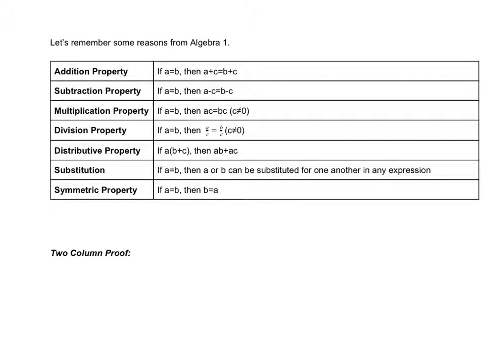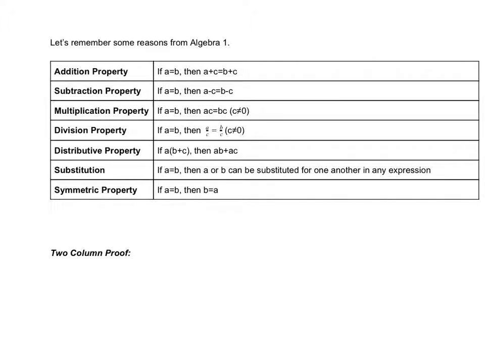Distributive property, if you have a number outside a set of parentheses, you can multiply it into that set of parentheses. Substitution, if you have a statement that's equal, you can take one side and substitute it for another in any expression. And then the symmetric property, which says if A equals B, then B equals A.